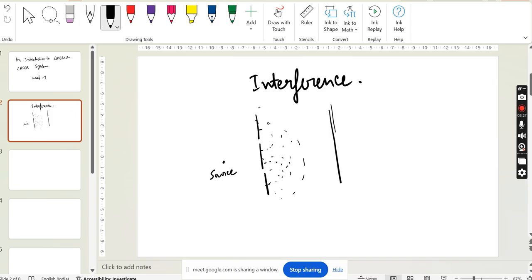That phenomenon is what is called interference. And this phenomenon also proves the wave theory of light.